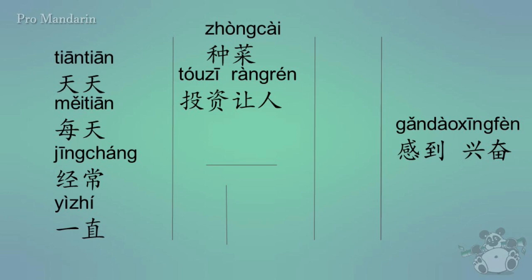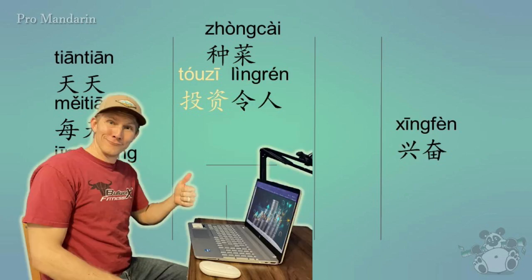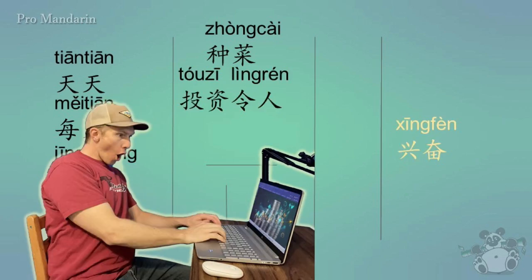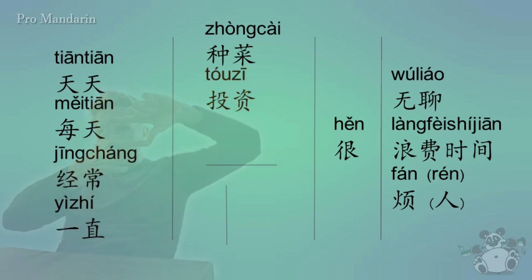So now you could also say 投资令人兴奋, which would be that investing leads people to excitement, okay? So that's another way of saying it. And there's other ways of saying it other than that as well. But again, we're going to talk about it in the frame of the words that we're already using right now. And again, this is based on individuals' perspectives of what they think investing's like.